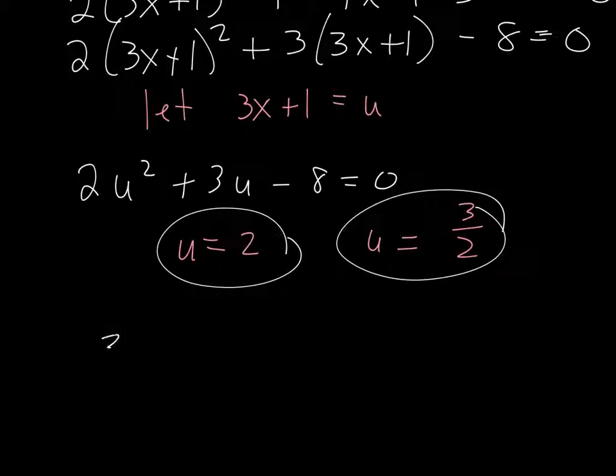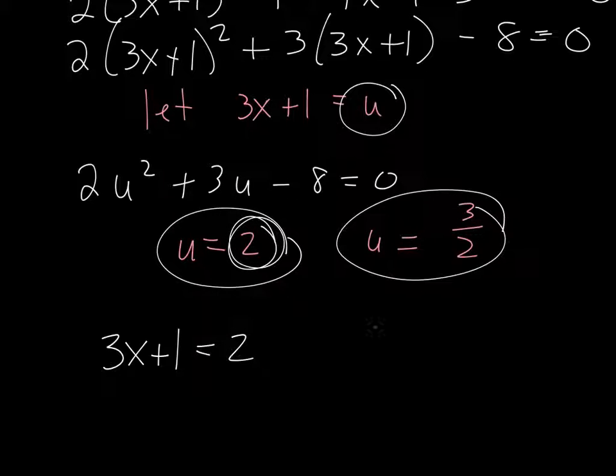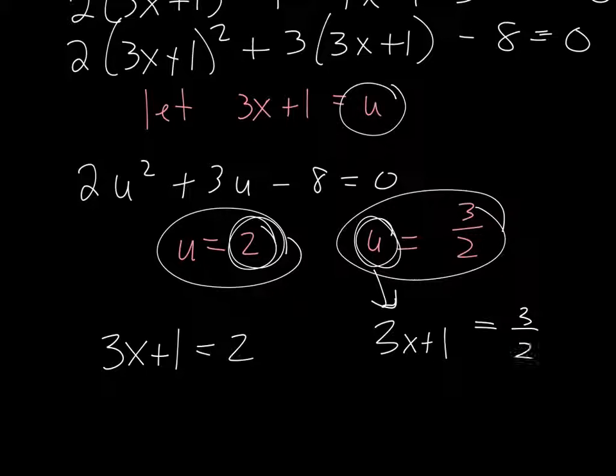If they were, we could set 3x plus 1, which is what u is equal to, right here. And since u is also equal to 2, we could put a 2 there. And then we could set 3x plus 1, replacing that u, equal to 3 halves. And then to get the solutions to the original equation that was in x, we just solve these. Subtract 1, giving us 1.